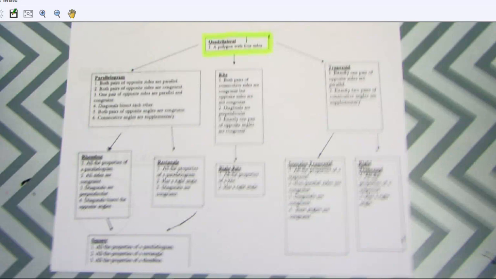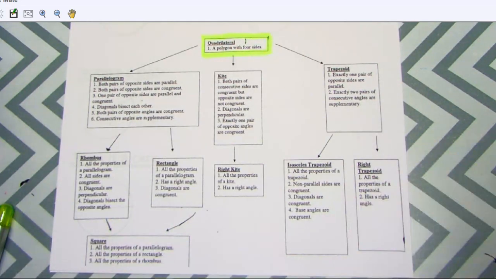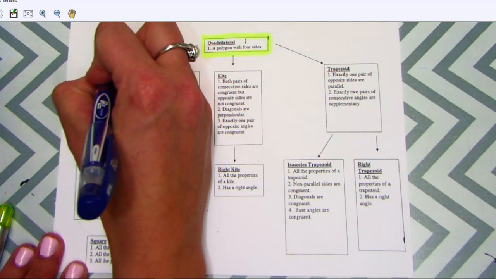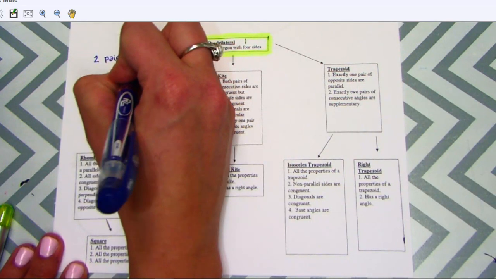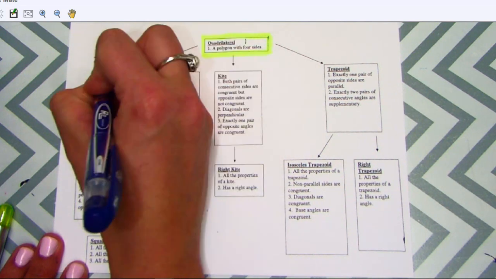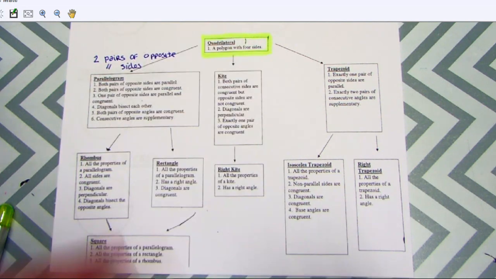Okay. Next, we move over to the left-hand side. This has two pairs of opposite parallel sides. Two pairs of opposite parallel sides. That's parallelogram, rhombus, rectangle, square.